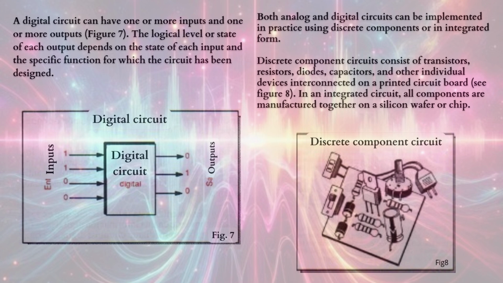Both analog and digital circuits can be implemented in practice using discrete components or in integrated form. Discrete component circuits consist of transistors, resistors, diodes, capacitors, and other individual devices interconnected on a printed circuit board, see figure 8. In an integrated circuit, all components are manufactured together on a silicon wafer or chip.